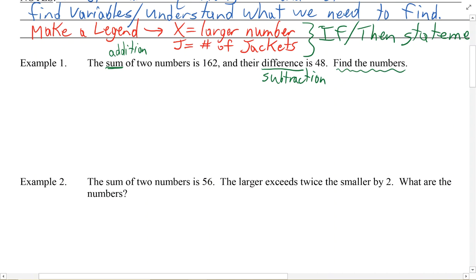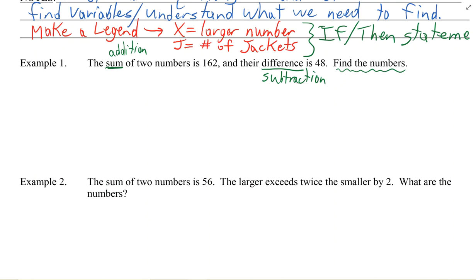Does that make sense? If you've got two of them, you've got to have one larger and one smaller. That's an important thing to understand, and that's how it's going to help us make our legend.